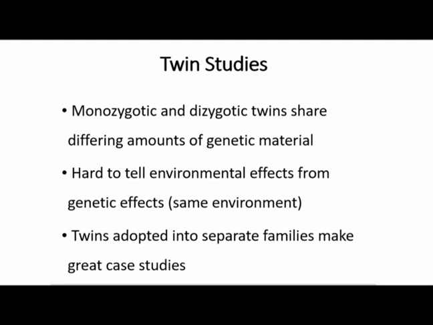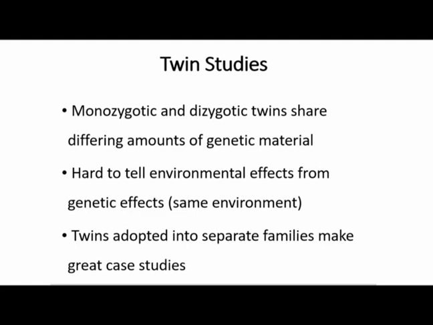So if we look at a correlation between the height of twin 1 and the height of twin 2, we should get a pretty close to perfect positive correlation, or an almost 1 as our R value for a correlation between monozygotic twins when it's a strongly genetically influenced trait.